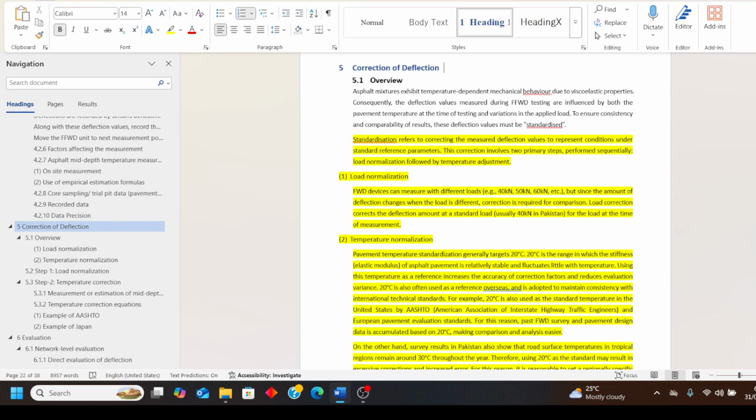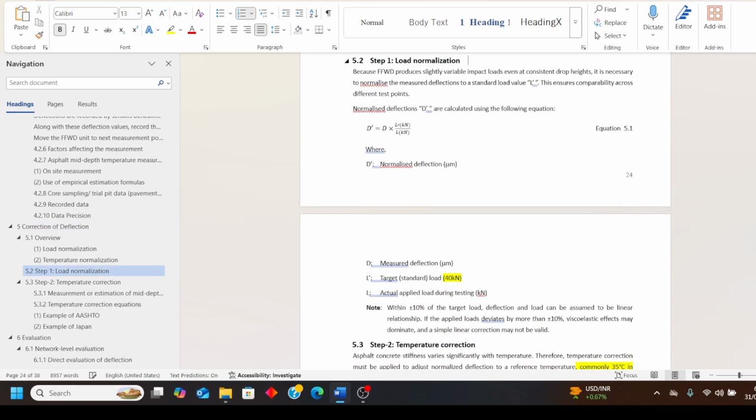Without the correction, two sites with the same pavement strength could show very different deflections simply because of different load or temperature. So in order to make the results comparable, correction is very necessary.